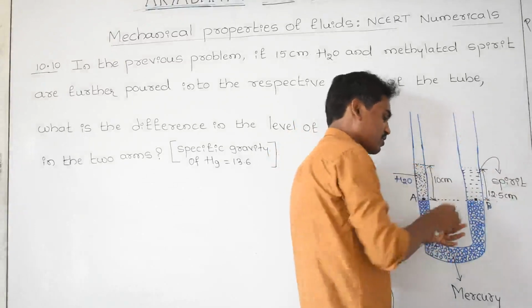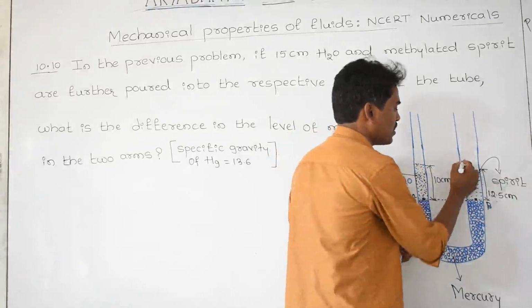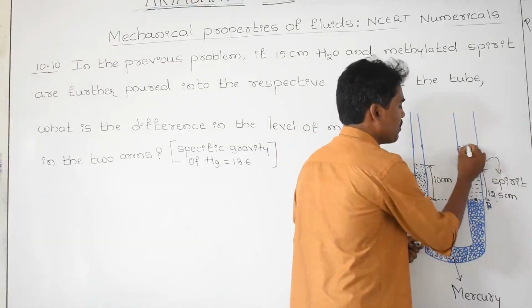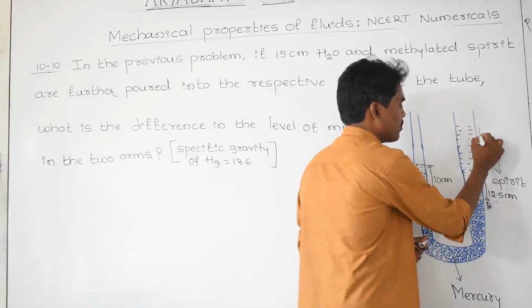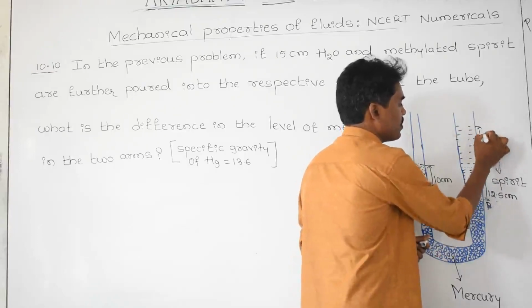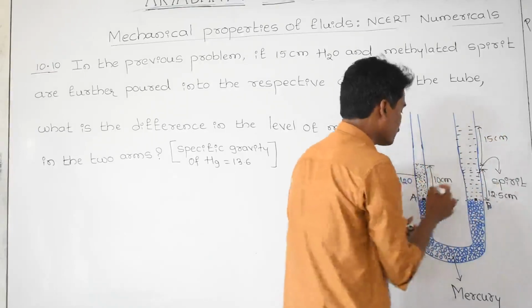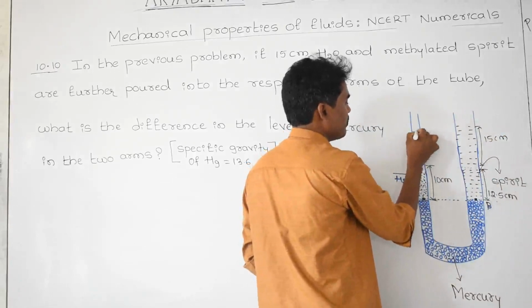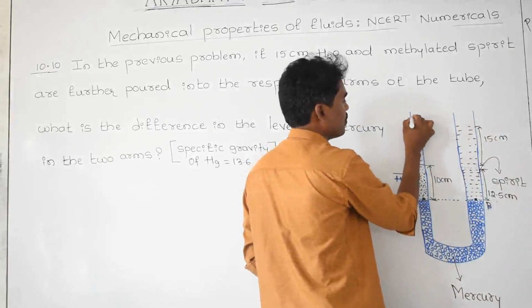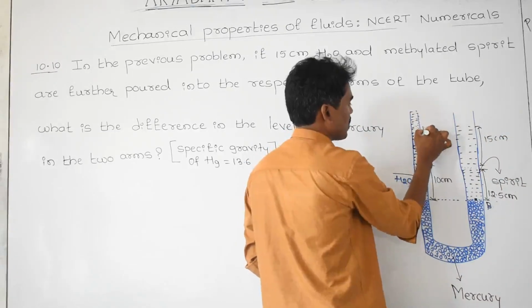After adding, the spirit level increases, the extra length being 15 centimeter. And this is 15 centimeter, and here also again 15 centimeter. Again 15 centimeter of water you can add here.